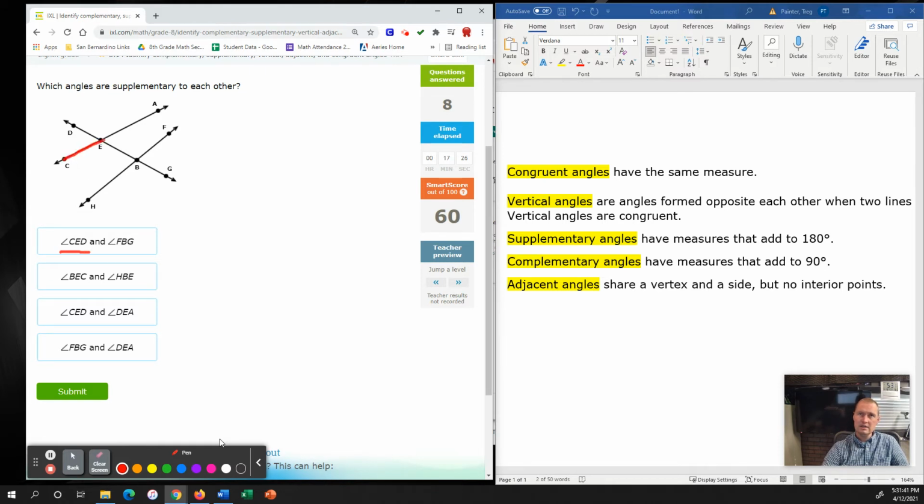C, E to D. Well, the only angle that could be supplementary to CED is D, E to A. So that would be D, E, and A. Huh, D, E, A. Because we have an F and a G there, that doesn't work. So the first one's not a correct answer.